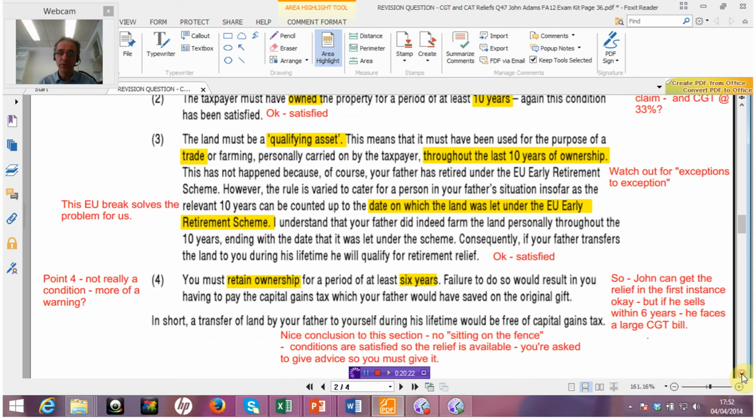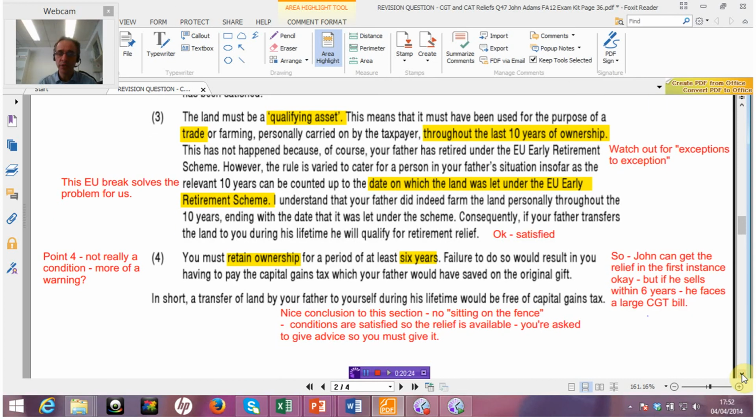Okay. So in terms of a conclusion to the CGT area, bear in mind we've only got 5 marks here, and this is the 100% answer. If we could just get some key points down, we would certainly get over that 50% or 2.5 out of 5 barrier, which is what we need to do. Nice that they've concluded here.